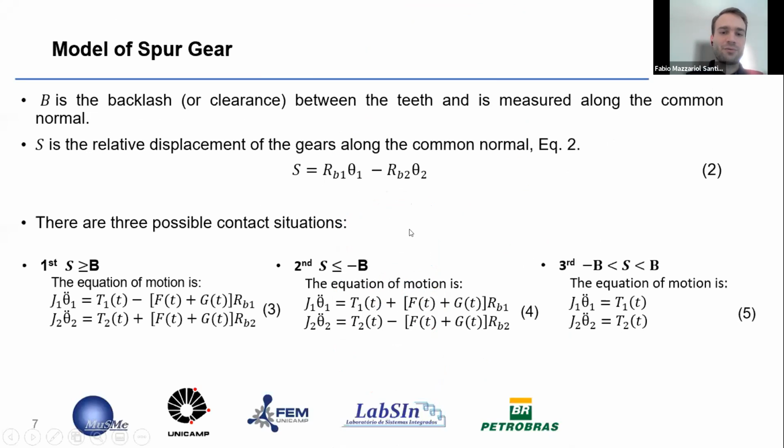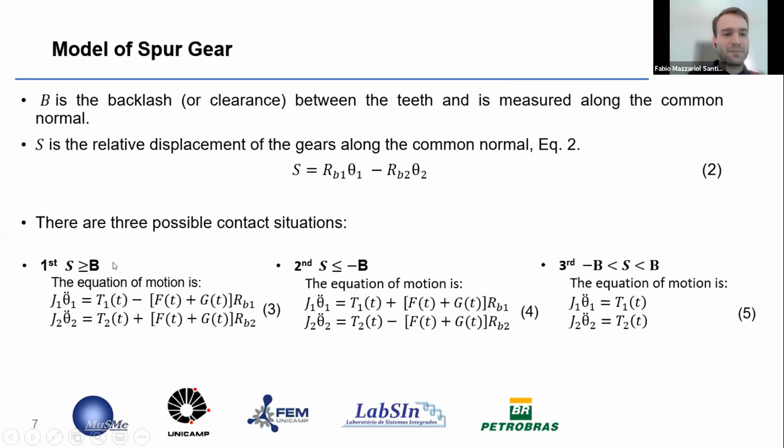So based on these parameters, we can set a relative displacement between both gears, as we can see in equation 2. It's related with the radius of each gear and the angular displacement. And this relative displacement in gears is actually limited by the teeth.